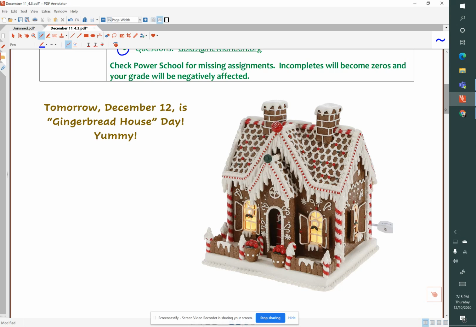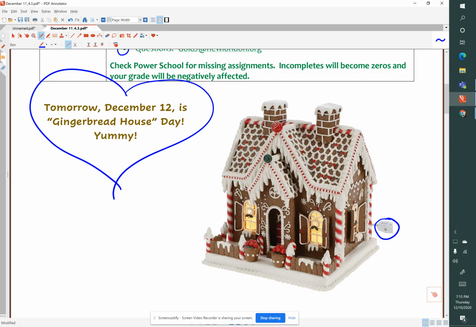And tomorrow, I won't see you because it's Saturday, but it is gingerbread house day tomorrow. Yummy, yummy, yummy. And that's a really cute one. I love that one, although I just noticed it has a plug. I guess it's a light up gingerbread cookie house. Better unplug it before you take a bite. But did you ever do one of those gingerbread house kits? I did a gingerbread train with my grandchildren, and that was so much fun.